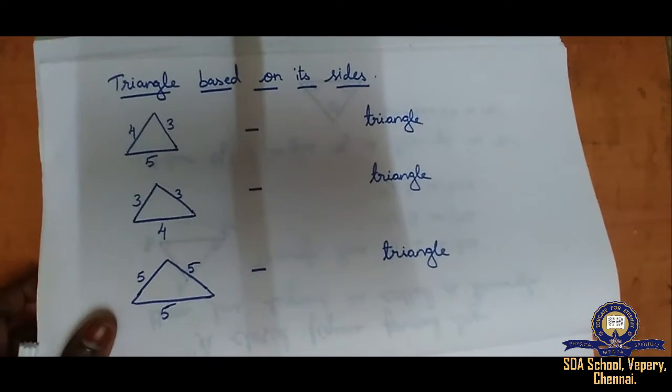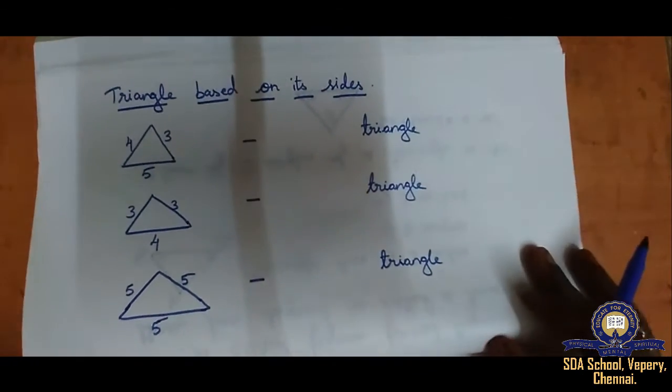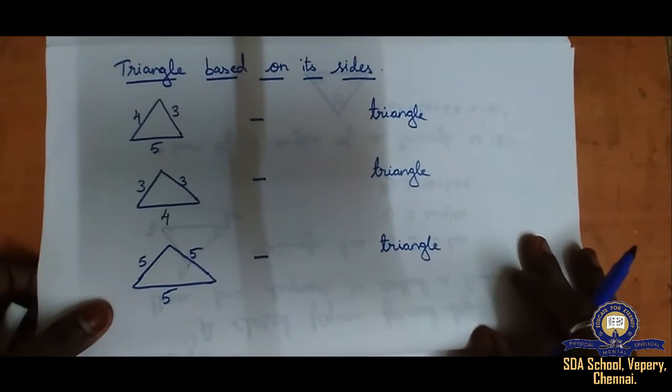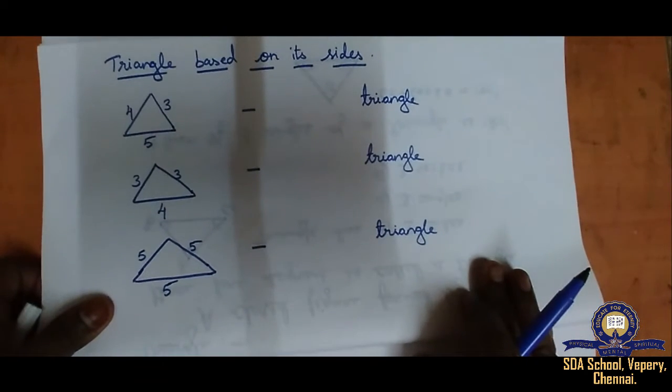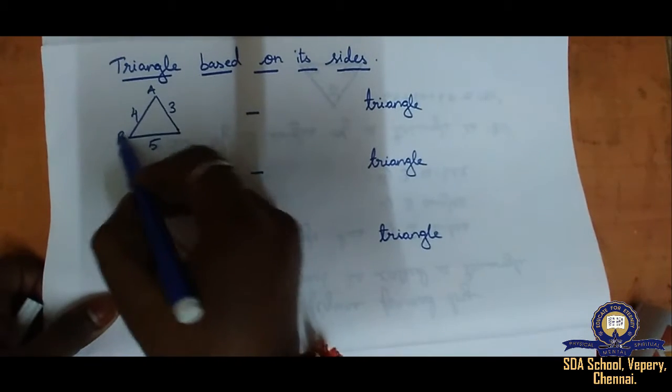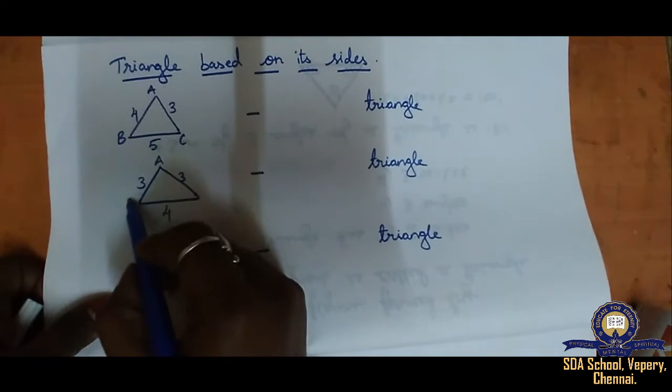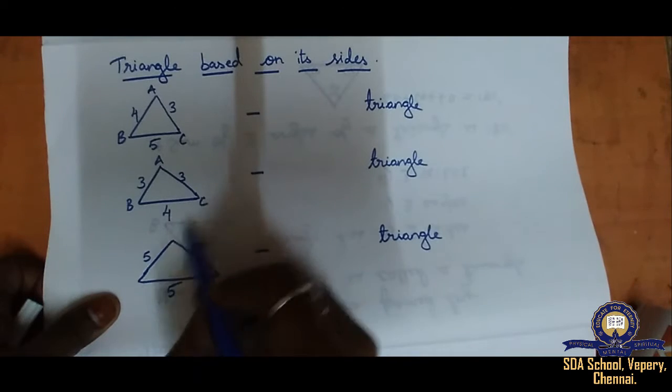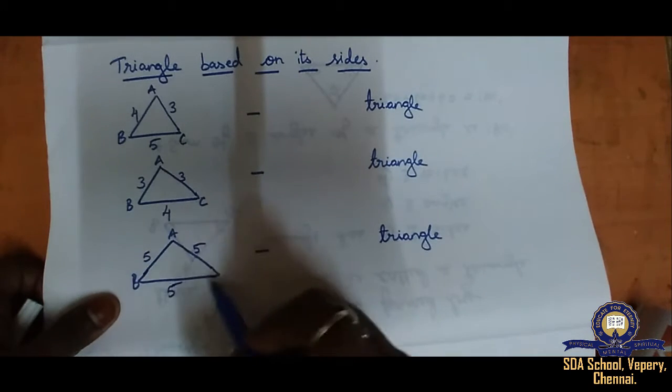Next thing, triangle based on its sides. Based on its sides, we need to say what triangle it belongs to. See, I have drawn 3 types of triangle and I have given some measurements.